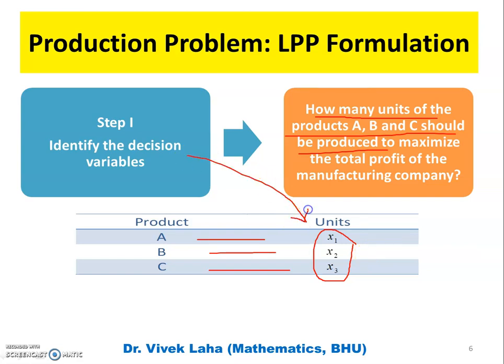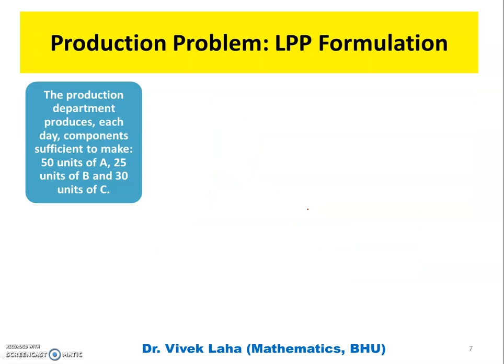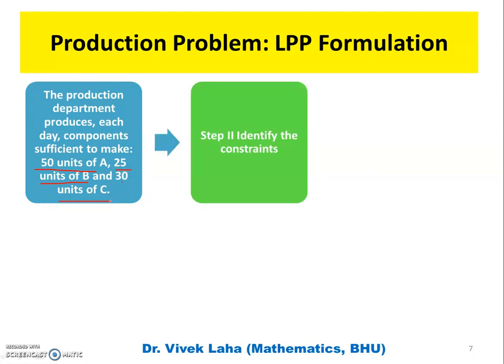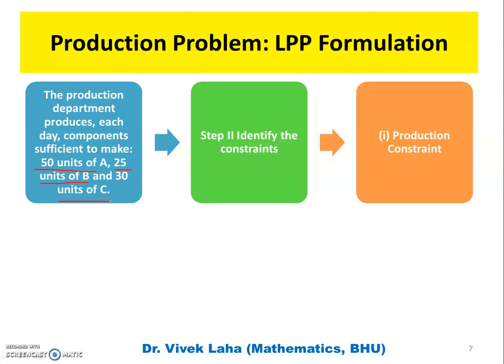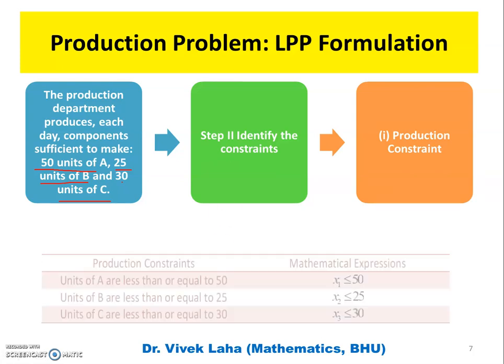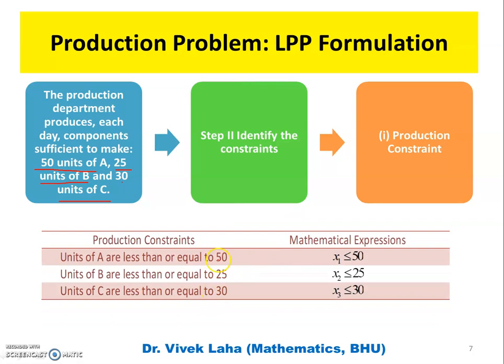Now we have to find these decision variables. The other part of the question is that the production department produces each day components sufficient to make 50 units of A, 25 units of B, and 30 units of C. So we have to identify the constraint in this part, and that is the production constraint.